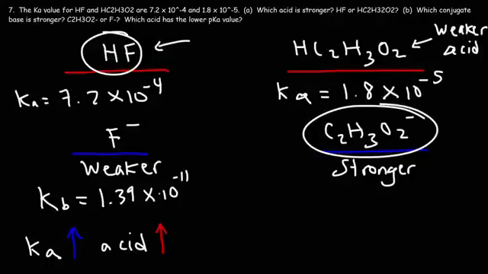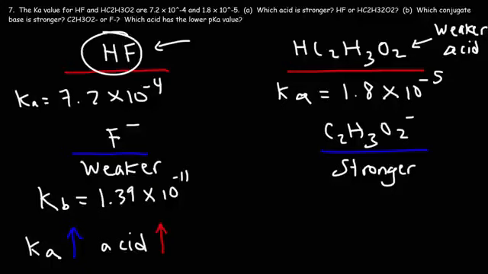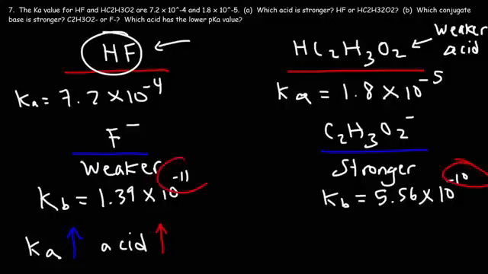Now let's do the same for acetate. If we take 1 times 10 to negative 14 divided by 1.8 times 10 to minus 5, we're going to get this familiar value, which we calculated in an earlier problem, 5.56 times 10 to negative 10. 10 to the negative 10 is higher than 10 to the negative 11. Therefore, because acetate has a higher Kb value, it's going to be the stronger base.